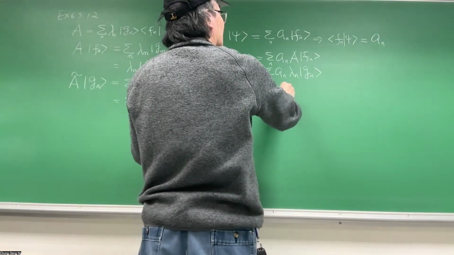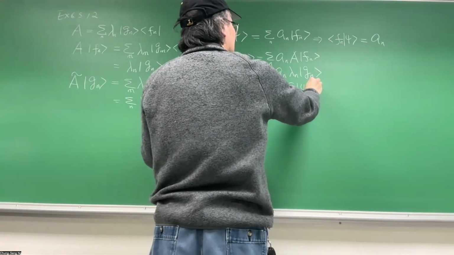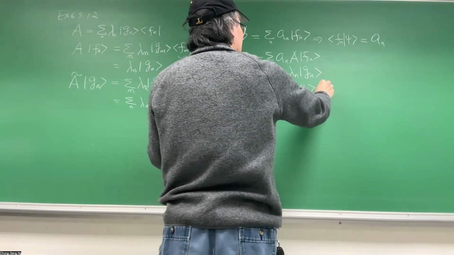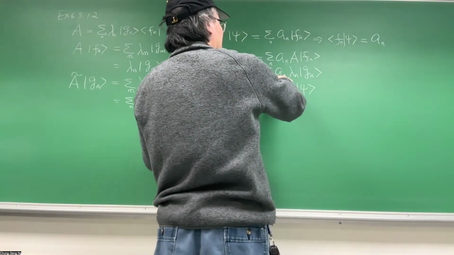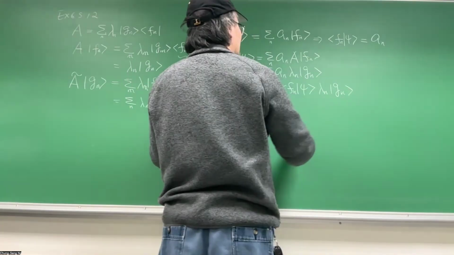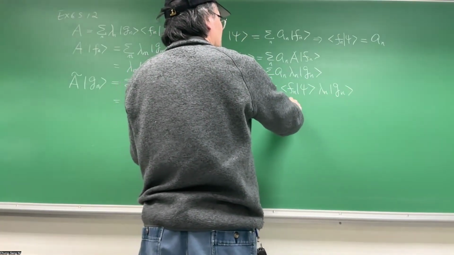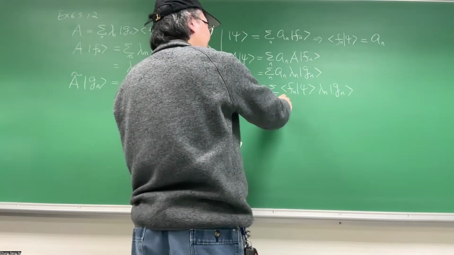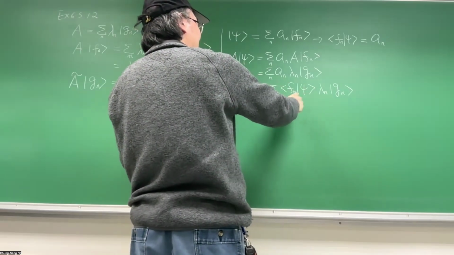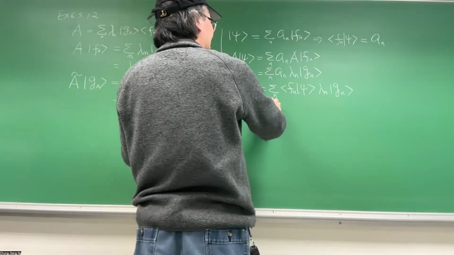F sub n psi, and then this is A sub n, and then you have lambda sub n, F sub n, right? And now you do something like what I said is abuse of notation, but you did it anyway.